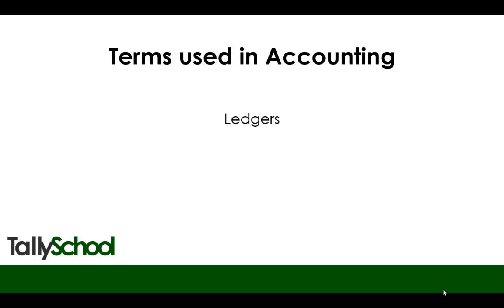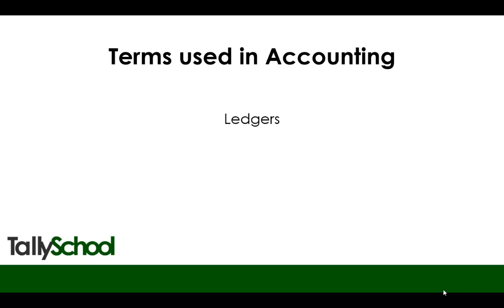So you can understand accounting better by just looking at the accounts. Ledgers are nothing but distribution of information in different types of accounts. Many people get confused between ledgers and accounts. They are the same, but the accounting word is ledger.